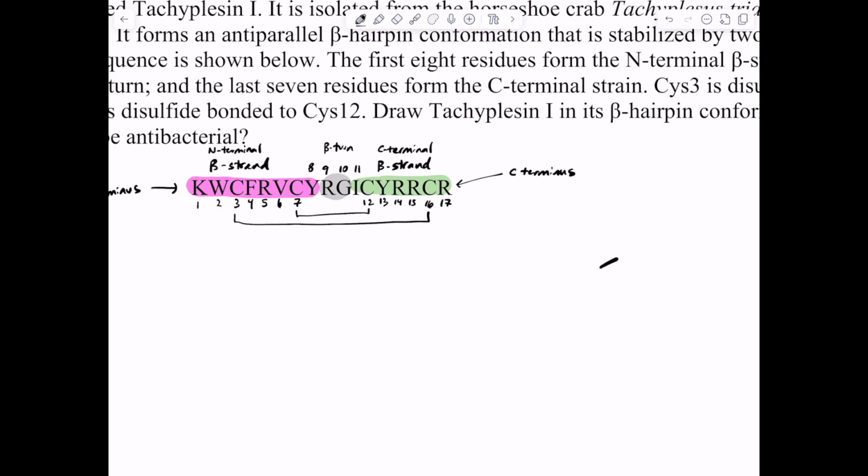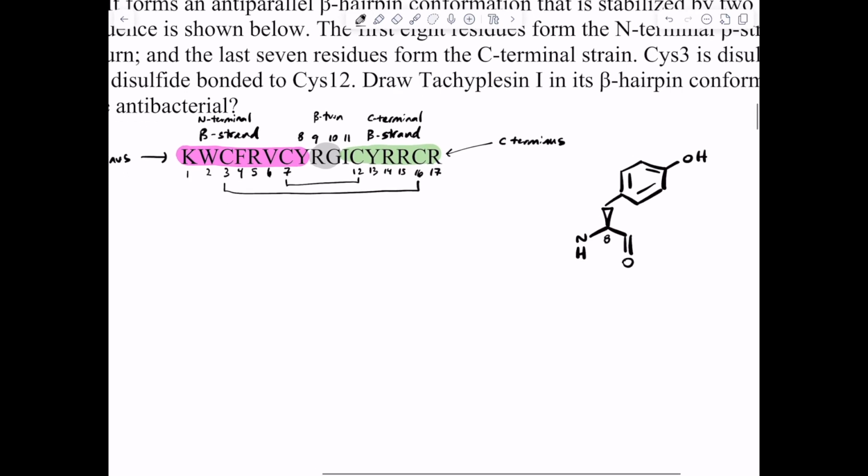Remember that it's best to take the tyrosine, the one that immediately precedes the turn, put the carbonyl on the right and the amide nitrogen on the left, put the alpha carbon in between the two as a peak, and that means the side chain should be a wedge, and then the tyrosine side chain is a beta carbon, then a benzene ring with an OH opposite the beta carbon. So that's tyrosine.